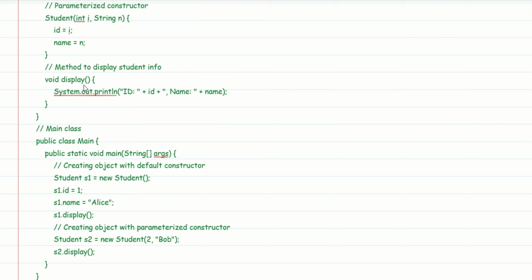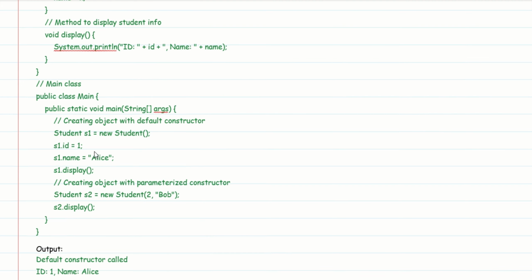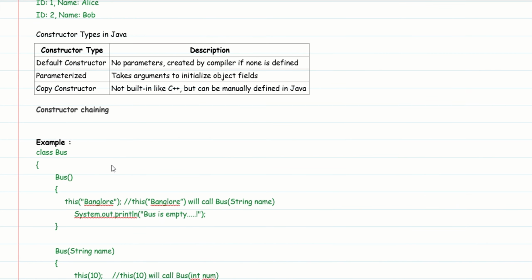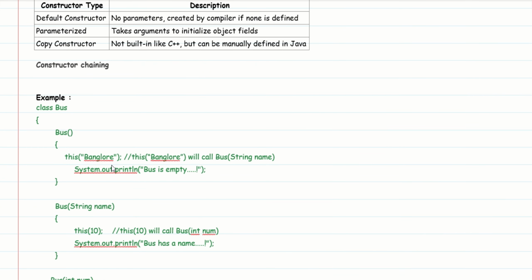Then a display or user-defined method to display the parameters of the class. So here you can see the difference. Instead of initializing the values separately, you can create an object by passing the parameters, which will initialize the values, and use the same variable to display the message. So we have a default constructor, parameterized constructor, and a copy constructor.